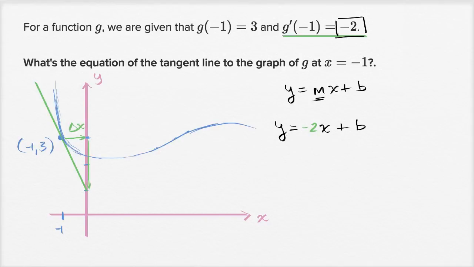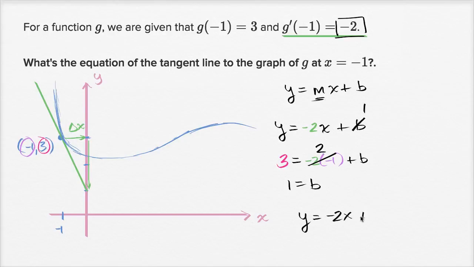So 3 is equal to -2 times -1 plus b. -2 times -1 is +2. If you subtract 2 from both sides, you get 1 is equal to b. And there you have it. That is the equation of our line: y is equal to -2x plus 1.